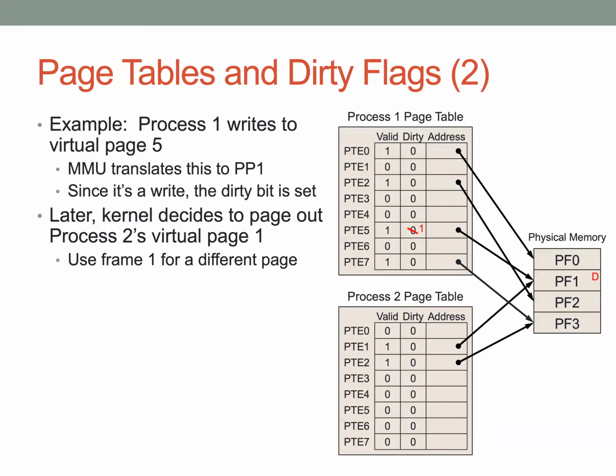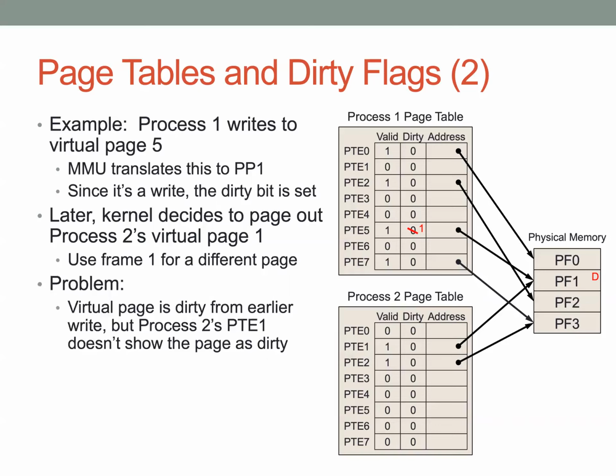Okay, so if the kernel later decides to page out process 2's virtual page 1, hopefully you'll look at this and say, wait a minute, process 2's virtual page 1 is also shared by process 1. So now the OS needs to be clever, and it needs to know that this page is shared and who all is using it, so that it can go and look in those page tables as well to see if the page is marked dirty.